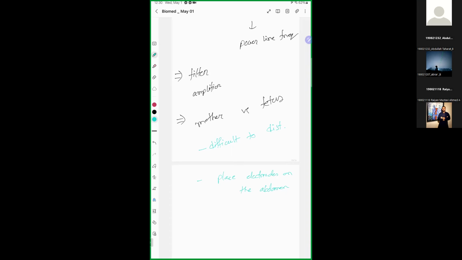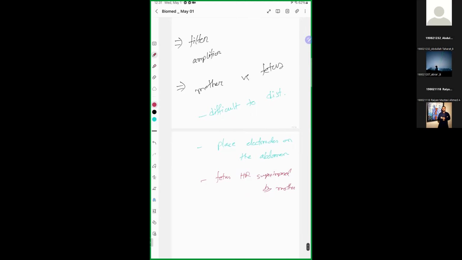Now, the fetus's heart rate will be superimposed by the mother's. So how do you differentiate? This is an issue. How do you differentiate the mother's and the fetus's ECG? How will we do it?